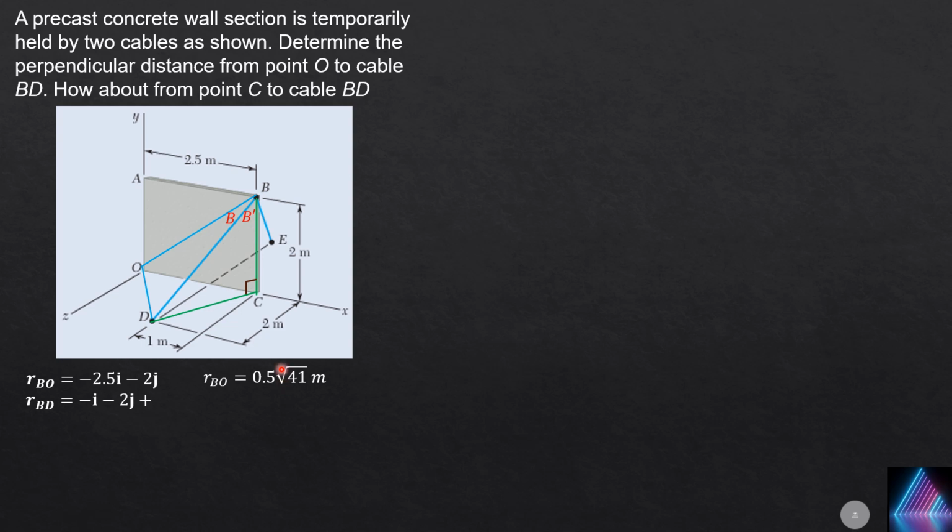While RBD is equal to negative i, then minus 2j, then positive 2k. And the magnitude is the square root of 1 squared plus 2 squared plus 2 squared, square root of 9, 3. This is the magnitude of RBD.